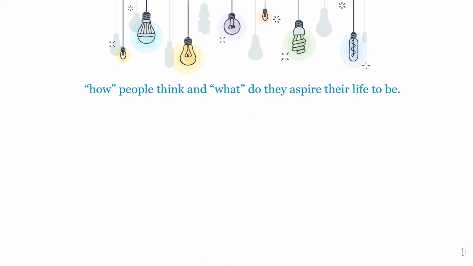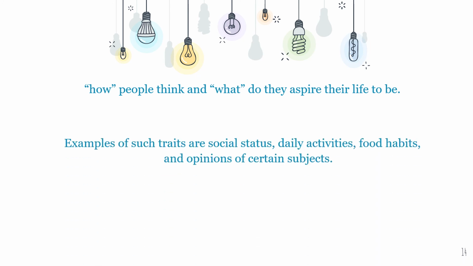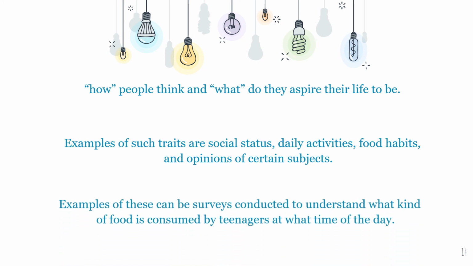It is mainly conducted on the basis of how people think and what do they aspire their life to be. Examples of such traits are social status, daily activities, food habits, and opinions of certain subjects. Examples of these can also be surveys conducted to understand what kind of food is consumed by teenagers at what time of the day.